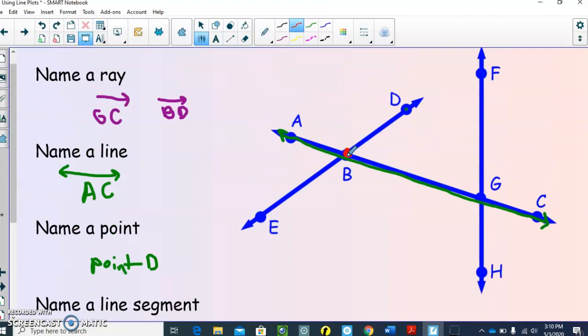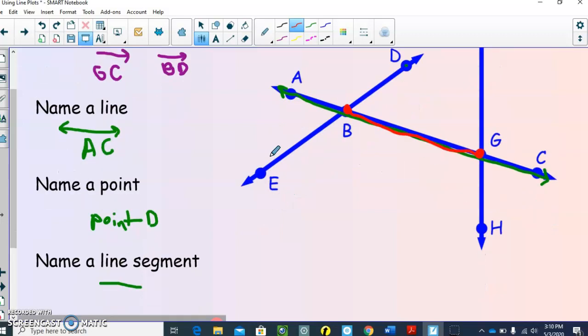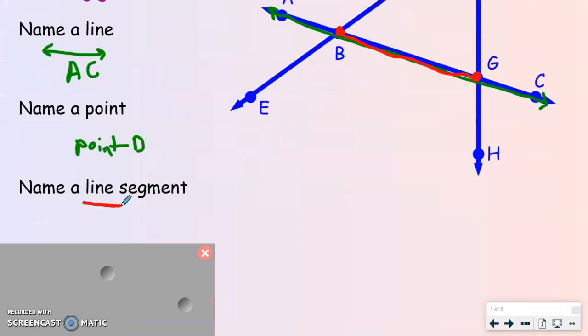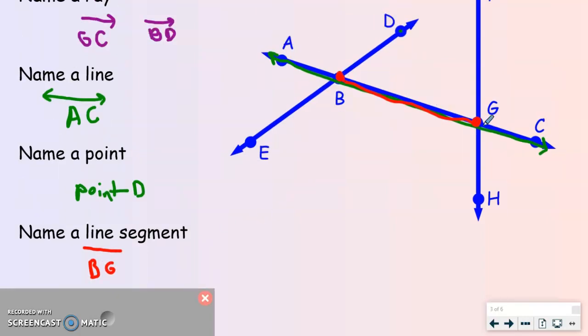So if you figured it out, this is an endpoint and this is an endpoint. Okay, so the only line segment that we have in this figure would be line segment BG. All right, BG would be a line segment.